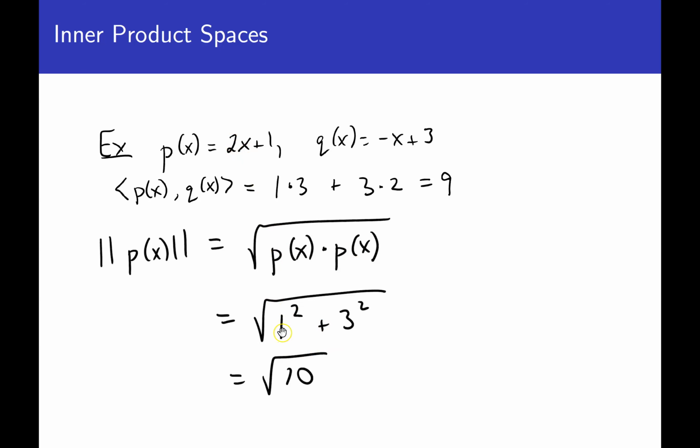When I put in 0, I get 1, so I get 1 squared. When I put in 1 into p of x, I get 3, so I get 3 squared, so I get the square root of 10. So with respect to this particular inner product, the magnitude of p of x is root 10. Again, we'll do more of these examples in class, a couple more proofs as well, and get a little bit more into why we care about inner product spaces.